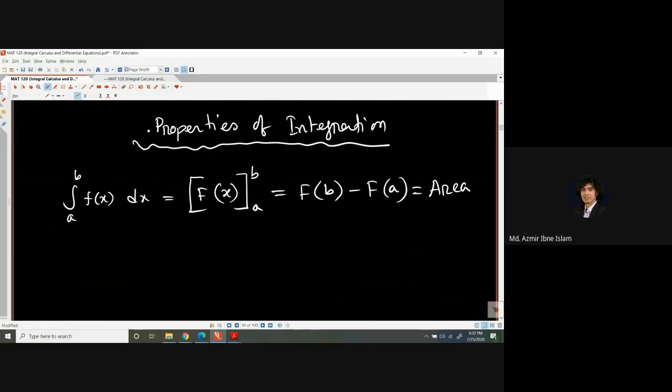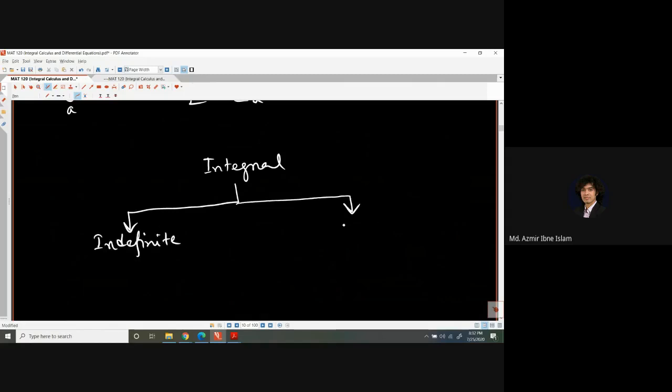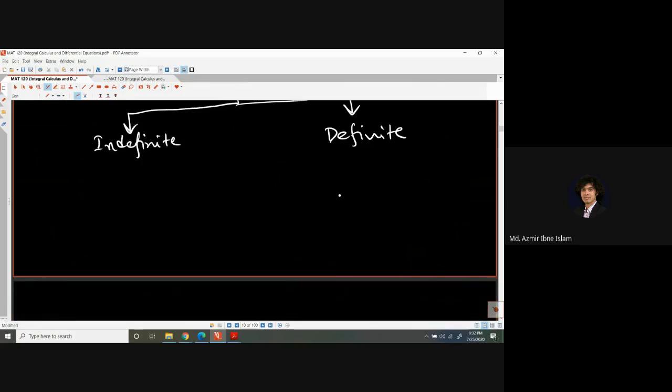So before discussing the properties of integration, I would like to point out two things. Suppose we have the integral, and integrals can be classified into two categories: indefinite integral and definite integral. So what does it mean? Already you have understood that definite integrals are those where we have the lower limit of integration and upper limit of integration.